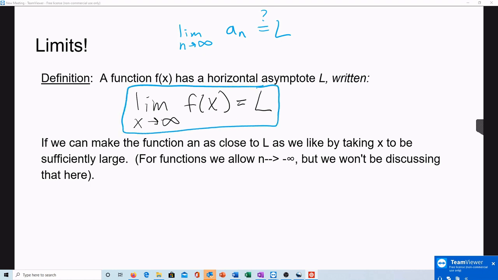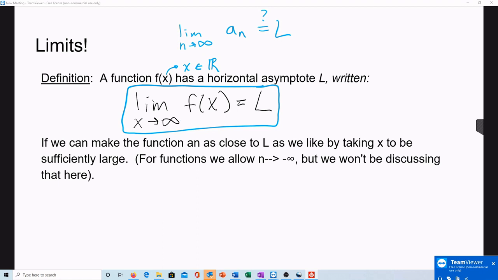I have the limit of a function f of x, where x comes from the real numbers. So if I have some function where its inputs are the real numbers, not just natural numbers, then I can talk about this limit, and I have a ton of ways I can do that.